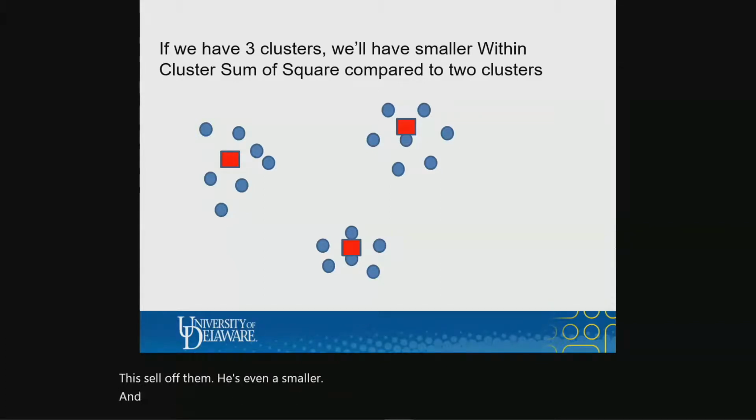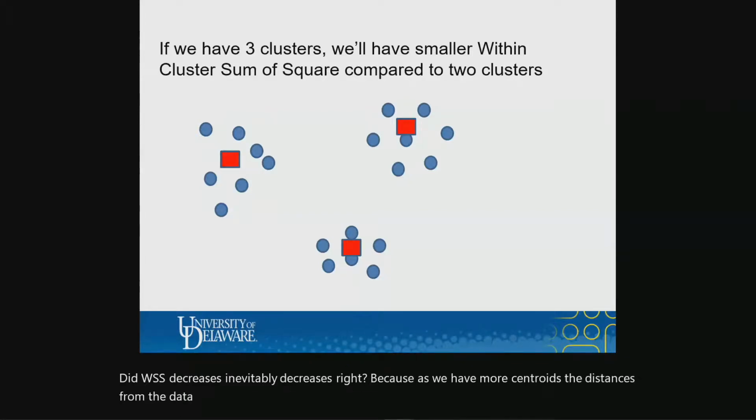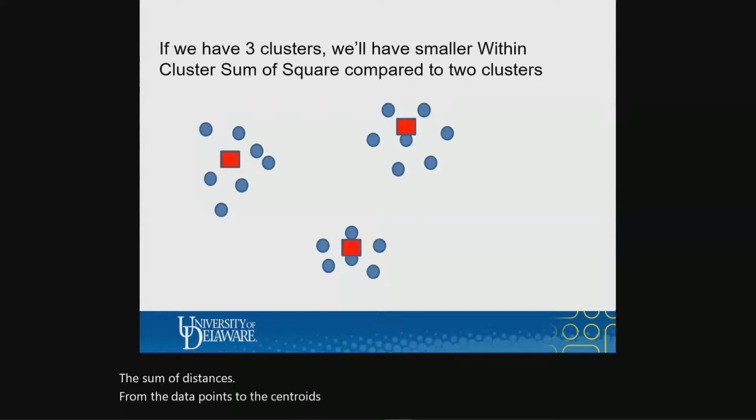As we increase the number of clusters, the WSS inevitably decreases, because as we have more centroids, the sum of distances from the data points to the centroids will decrease.